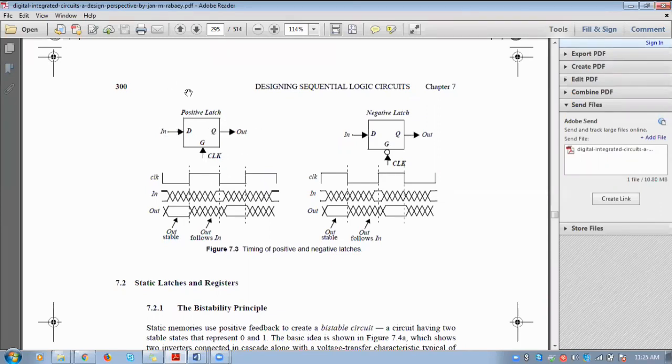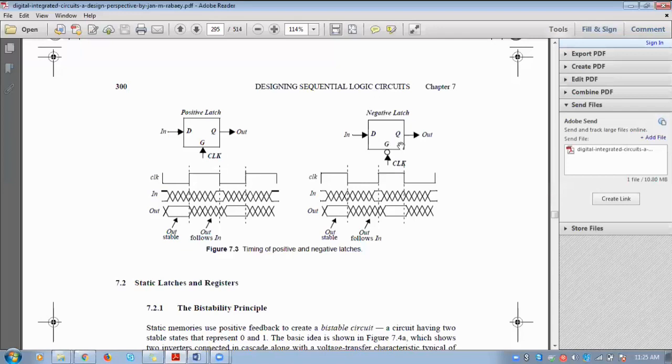A positive latch will enter into hold mode when we apply clock equal to 0. At that time, whatever the previous value may be, that will get stored inside the latch. When a positive logic 1 comes, the stored value will go out. So that is the normal working of a latch. The opposite case is the negative latch: it will be in transparent mode when clock equals 0, so whatever we apply at the input will move on to the output.